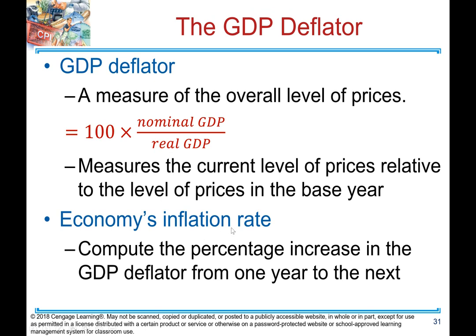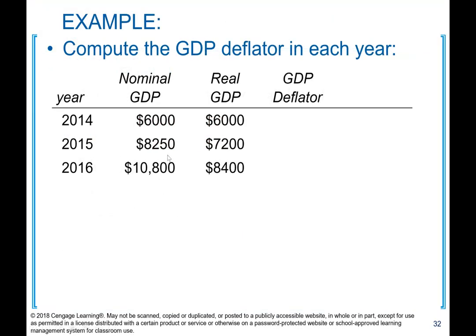Compute the percentage increase in the GDP deflator from year to year. To calculate the economy's inflation rate is to calculate the percentage change in the GDP deflator. So for example, compute the GDP deflator in each year.